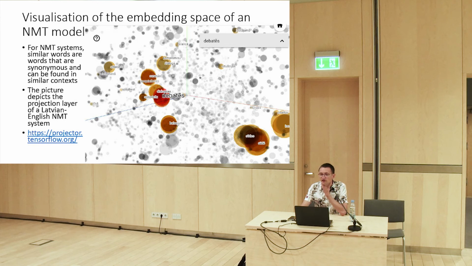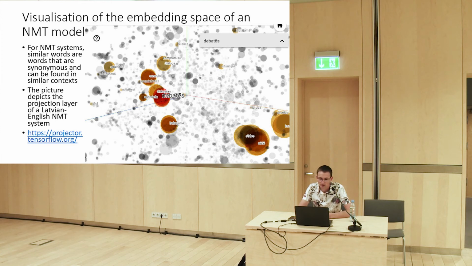Once we have trained a neural network, we can visualize the embedding space using visualization methods. Here you see that I have visualized the embedding space of a Latvian-English neural machine translation system.